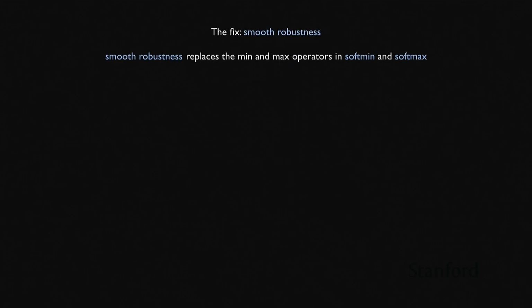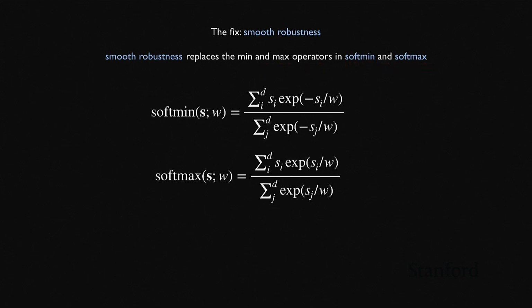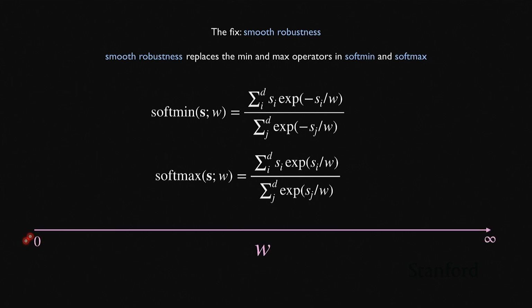All that happens here is we replace all these min and max operators with something we call the soft min and the soft max. So the soft min looks like this, and the soft max looks like this. There's this parameter W that allows us to control how soft we're making this. So if you think of what happens when W equals 0, we get exp of 0, which is 1.